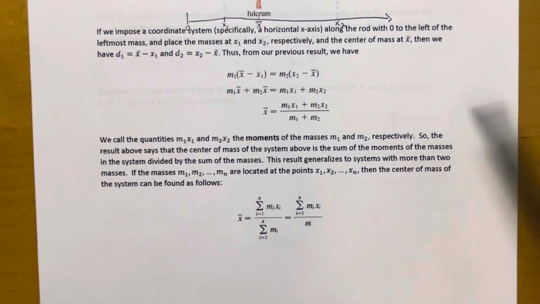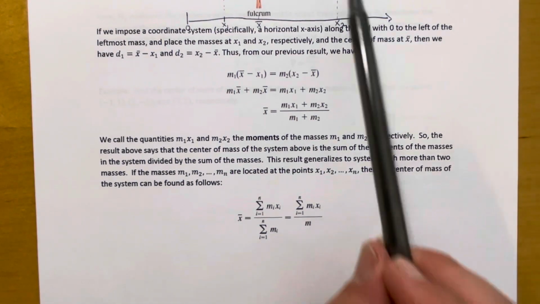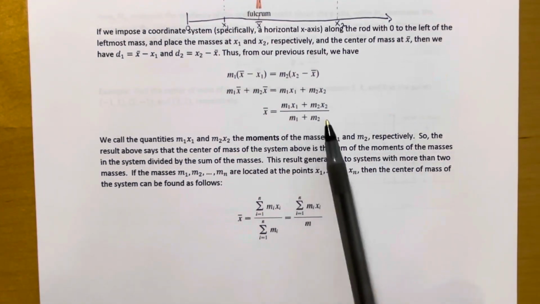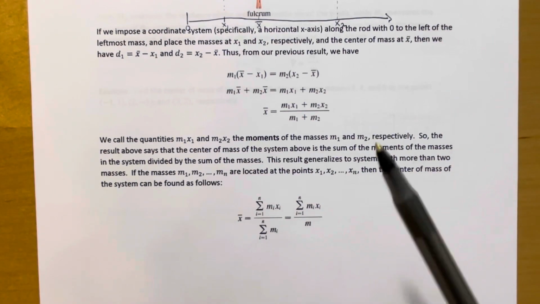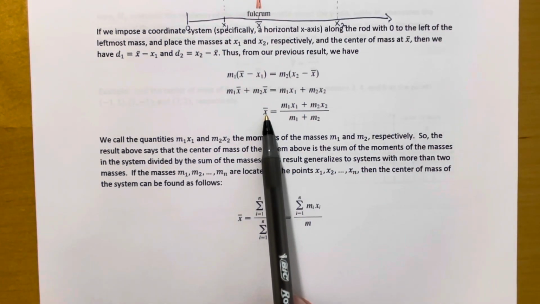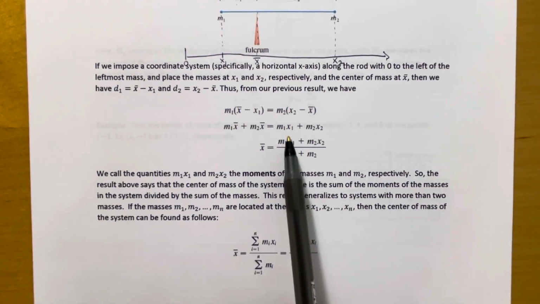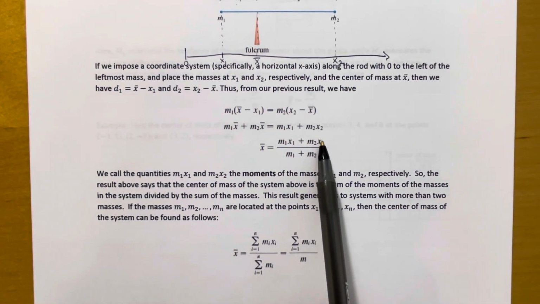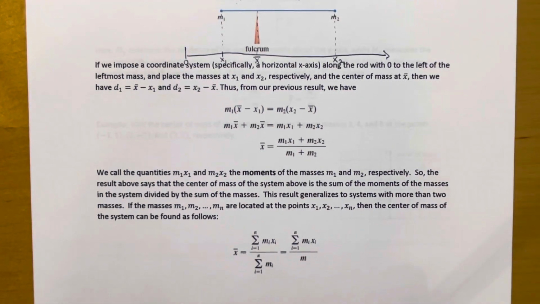Down below in my denominator, I can see that I have the sum of the masses in the system. So I can think of that denominator as the total mass of the system. So phrasing things differently, the center of mass of this system that we have up here is equal to the sum of the moments of the masses divided by the total mass of the system.